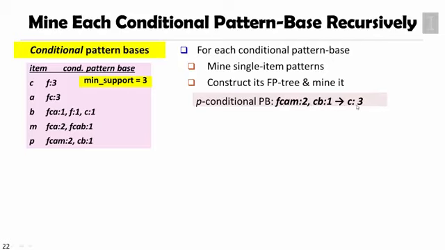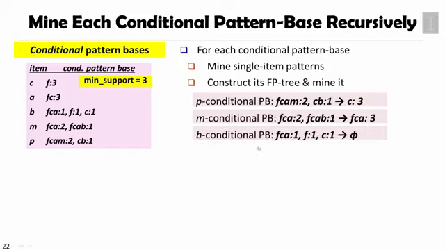They are not frequent. You only get C:3. But for M's conditional pattern base, you can see FCA really occurs 3 times. The B only occurs once. Then you get FCA:3. And for B's conditional pattern base, you can see none of them actually passes the support threshold of 3, so it's empty.